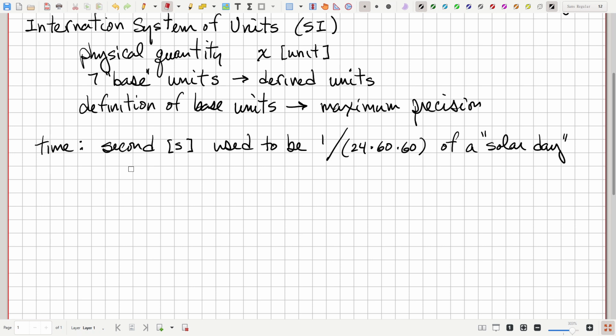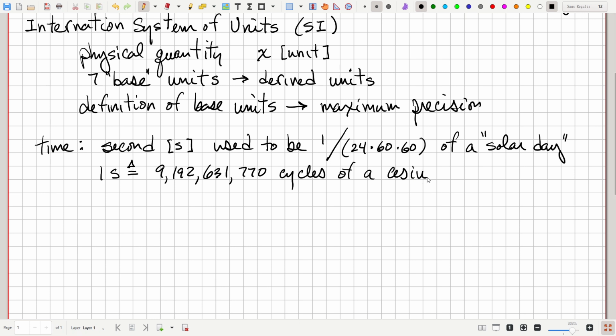So the way the second is now defined is 1 second is by definition 9,192,631,770 cycles of a particular transition of the cesium atom.